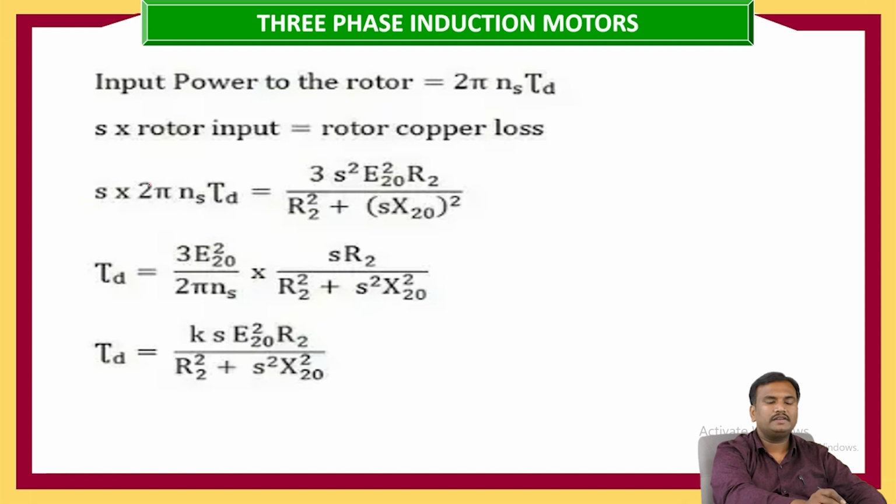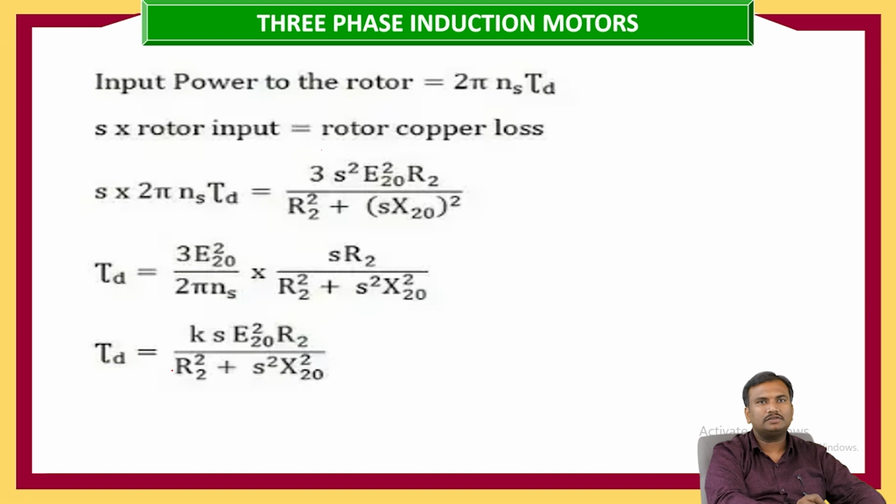So here S into rotor input is equal to rotor copper loss. So S into 2 pi ns into Td equals the rotor copper loss, 3 into S square E2 square R2 by R2 square plus S X2 whole square, which gives Td equals 3 into E2 square by 2 pi ns into S R2 by R2 square plus S X2 whole square.